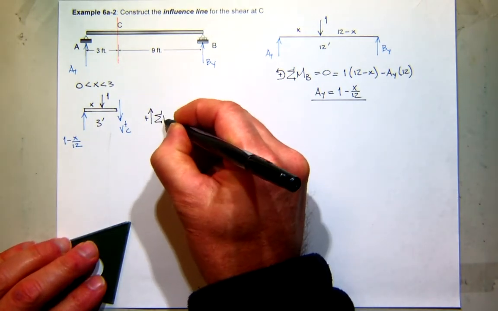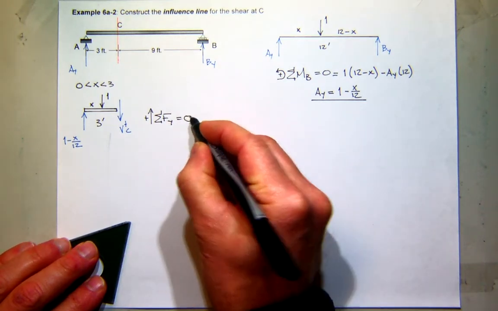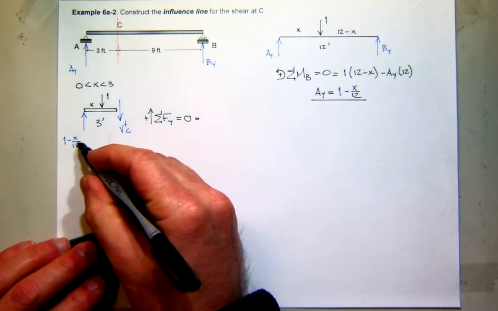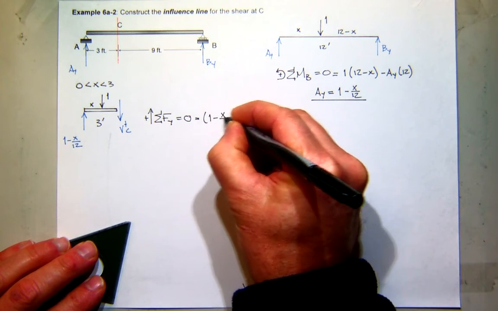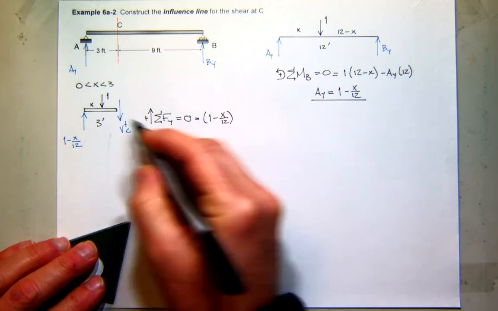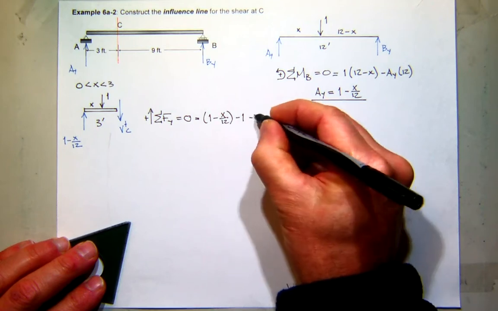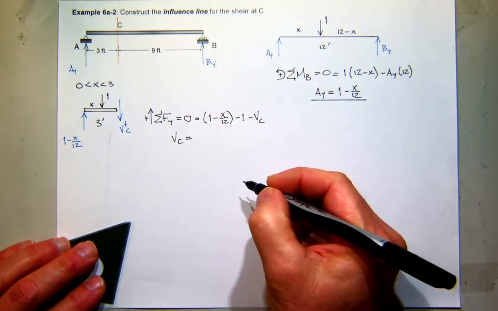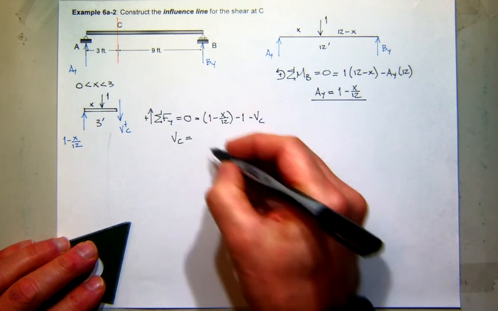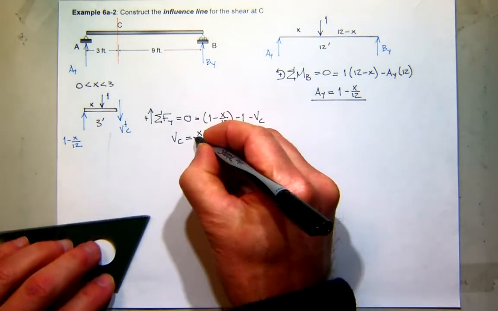I'll assume up is positive. We'll make sure everything's in equilibrium. So what do we have? Well, I've got my reaction here acting up. That's 1 minus x over 12. My unit load is down, 1, and my shear is down. We'll solve for the shear at C. It looks like it's x over 12. Nope. Negative x over 12.